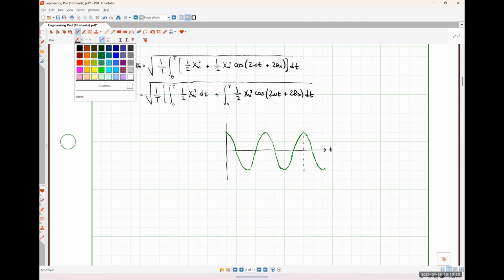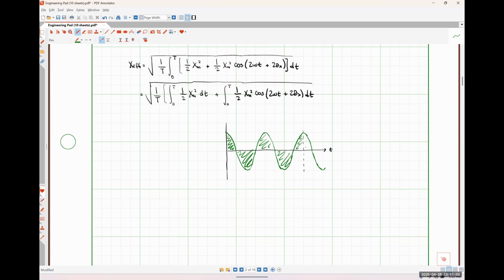So I am essentially adding all of these areas together. So the question that I posed to you a few minutes ago is, what is the area under this curve equal to? And I think now that we've got a graphical representation, it might be a little bit easier for you guys to answer.